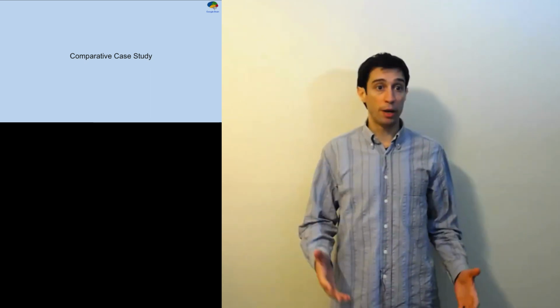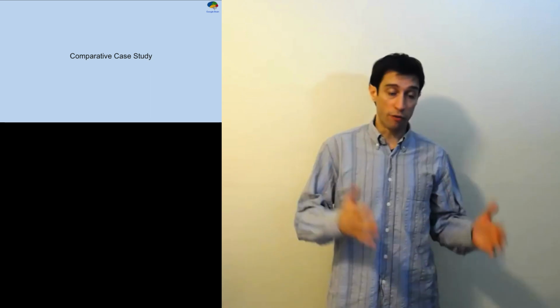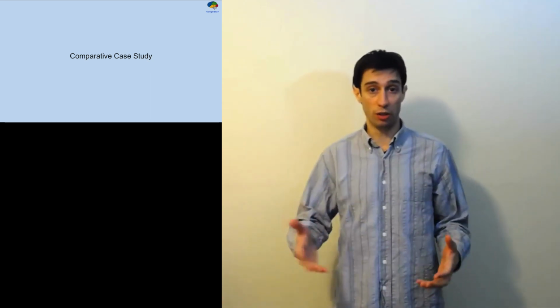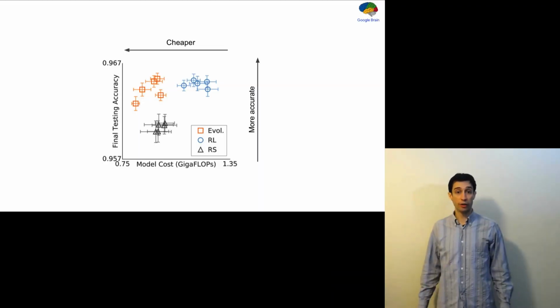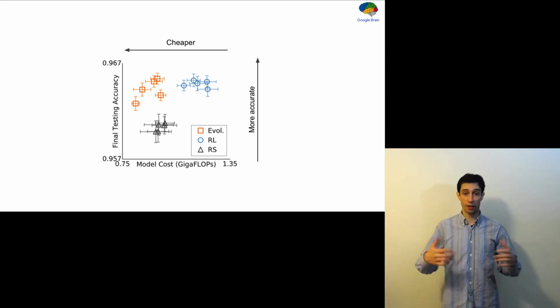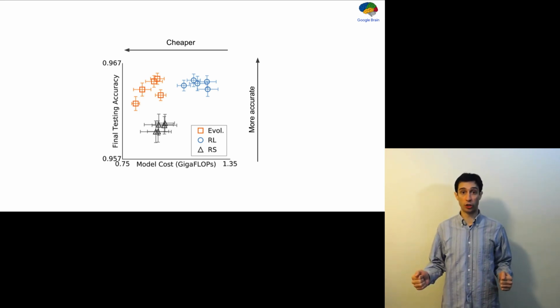But now let's compare against our main baseline, the reinforcement learning approach of ZOF 2018, for which this search space was originally designed. We performed 5 reinforcement learning experiments reproducing the setup in the original paper, and 5 evolution experiments under the same conditions, and also 5 random search experiments for good measure.